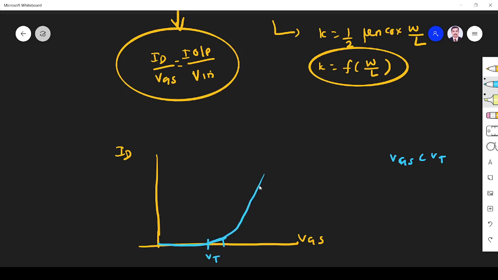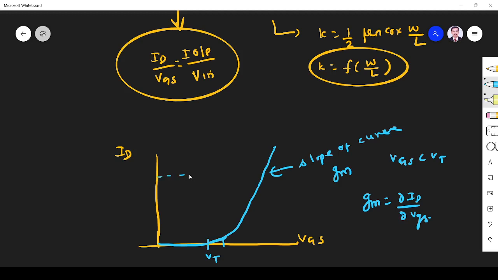So this is VGS, this is ID, and you see the slope of this curve, ID by VGS. What is gm? Change in ID divided by change in VGS. That is given by transconductance. So transconductance is the slope of this curve.